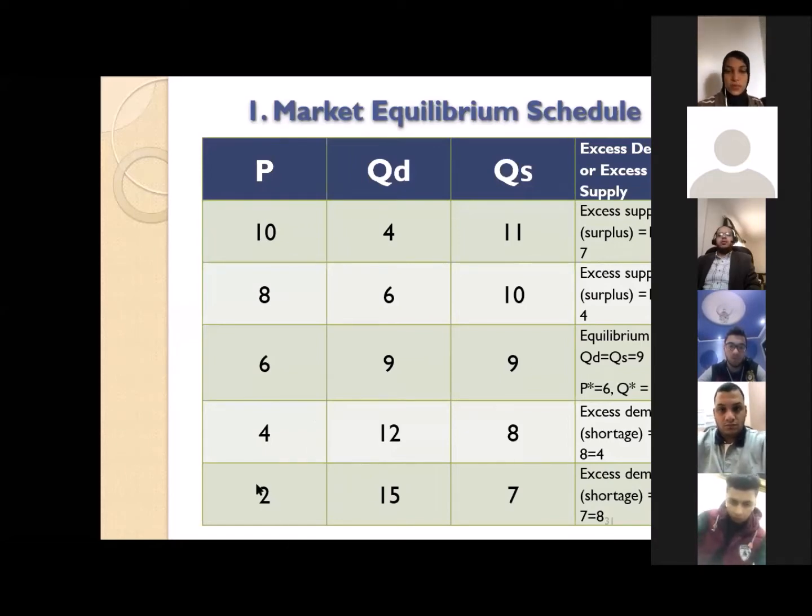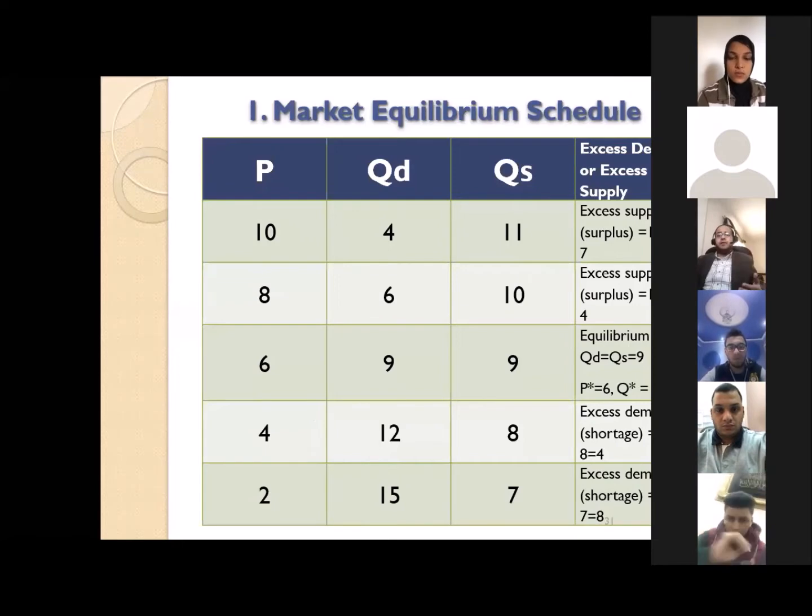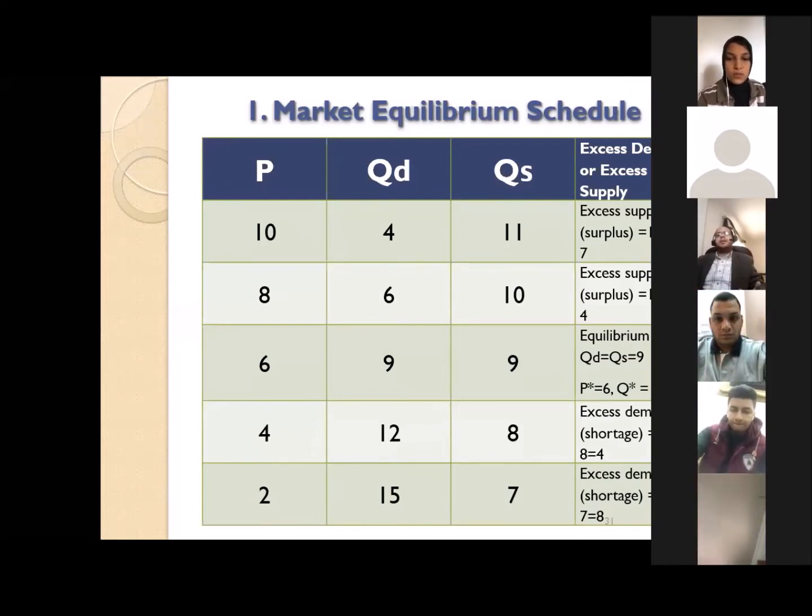At price 2, because it's very cheap, it's a very desirable situation for the consumer, they prefer to have 15 quantity. But at that low price, the seller or producer prefers just 7.